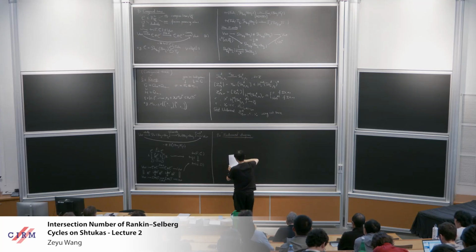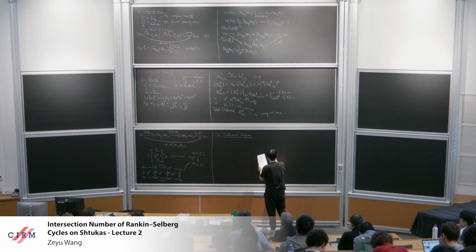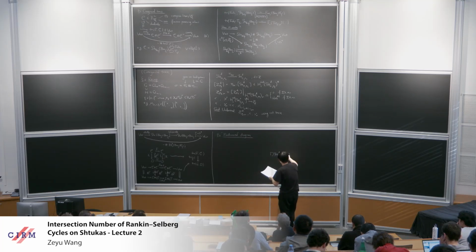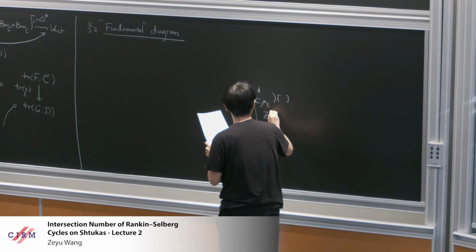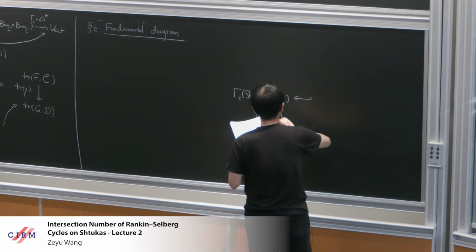So recall that what I'm trying to understand is a map out of this compactly supported cohomology of Shtukas. Of course, you put some shift here. You have a map from it to Q_ℓ bar, which is given by the special cycle, and you want to restrict it to the sigma isotypic part.